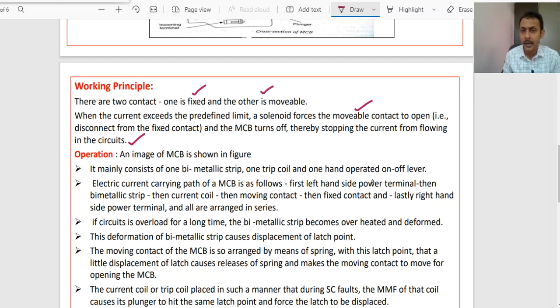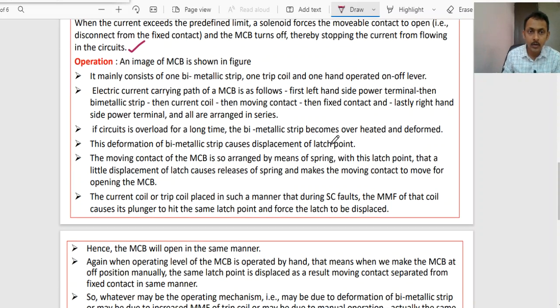Whenever any abnormal condition arises and the current crosses the limits, the solenoid will force the movable contact to open. It also consists of one bimetallic strip, one trip coil, and one hand operated on off lever. To switch it on and off, we have one hand operated on off lever.